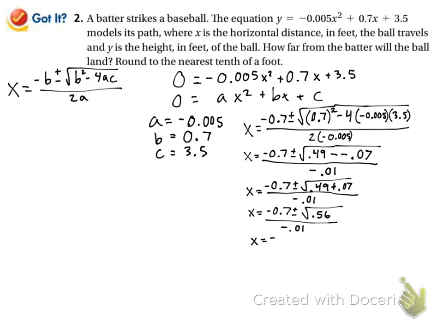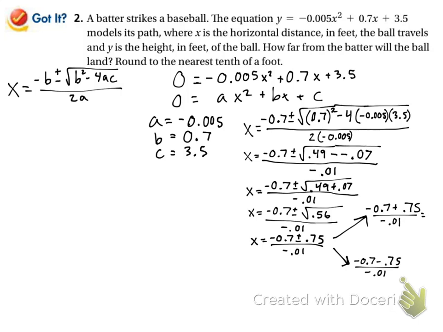And we're almost there, because now we can take the square root of 0.56, and I'm going to round that to 0.75. Now I can make my two equations. Negative 0.7 plus 0.75 over negative 0.01, and negative 0.7 minus 0.75 over negative 0.01.